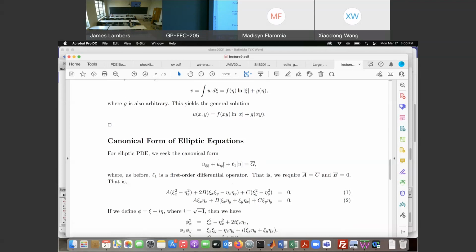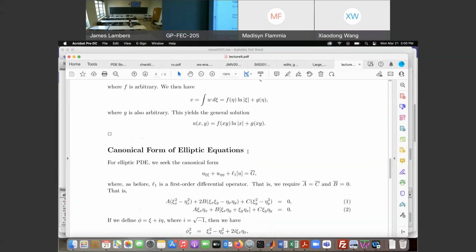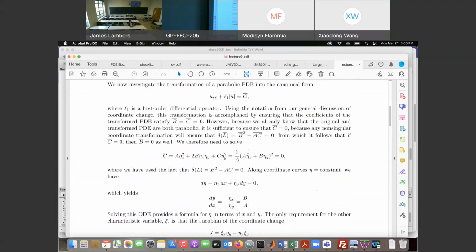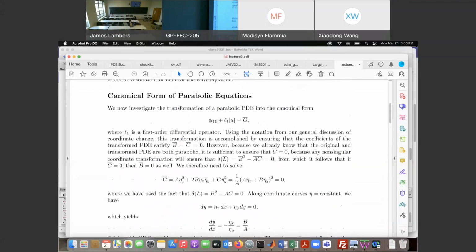This is essentially Laplace's equation with some lower order terms. Whereas in the parabolic case, the heat equation is an example of a parabolic equation, u_t is equal to u_xx. So then we have this term corresponding to u_xx, and then you have some first derivative term in here that accounts for the u_t part.